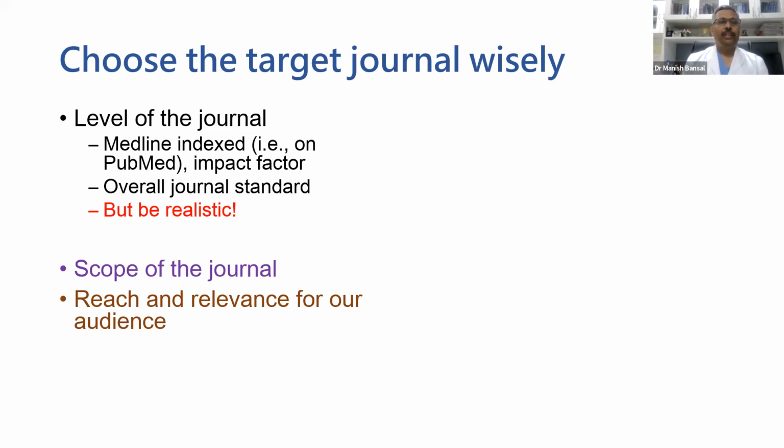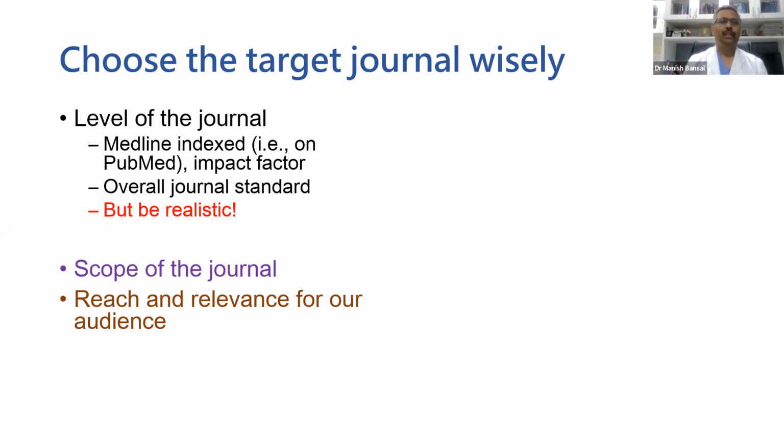Now, another important point is that we always try to go for an international journal because we want to have an international publication. But many times it is even more important to reach out to our own peers. There's a lot of work which needs to be communicated to those who are interested in that work, rather than trying to go for an obscure international journal, which none of us around us are going to read.